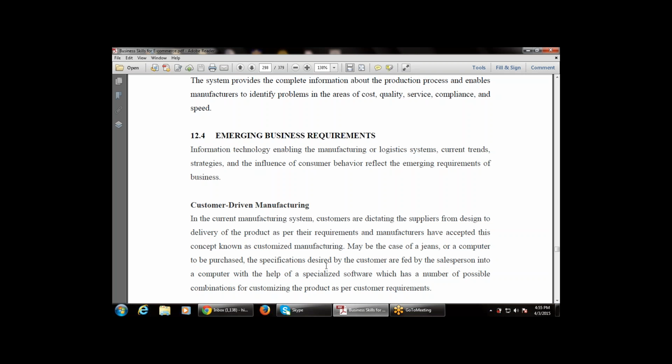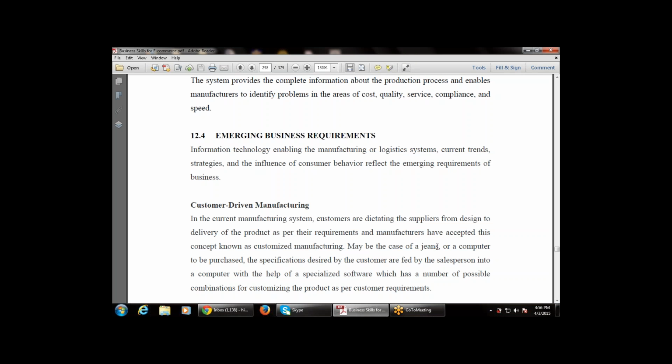In every step the customer involvement is there. Customized manufacturing means building the product as per the customer requirement.